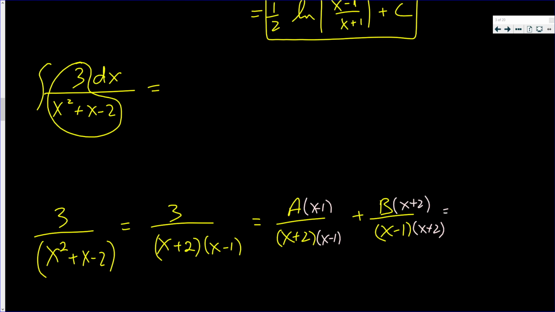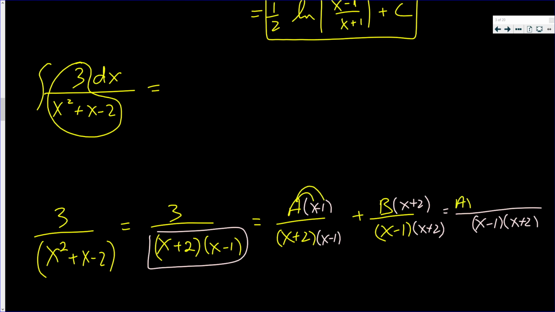And I'm going to have the common denominator the same as this denominator, and the numerator is going to be ax minus a plus bx plus 2b. Okay. Since the denominators are the same, it must be that the numerator is 3.